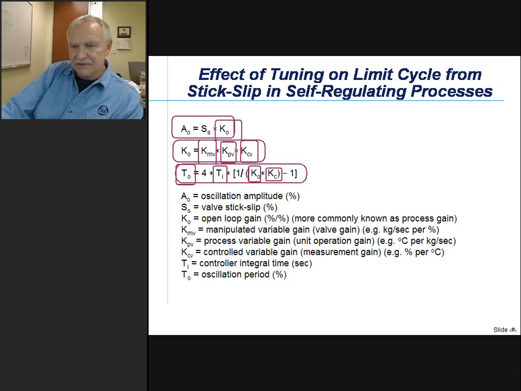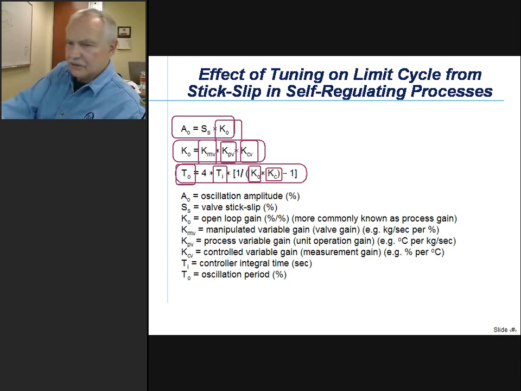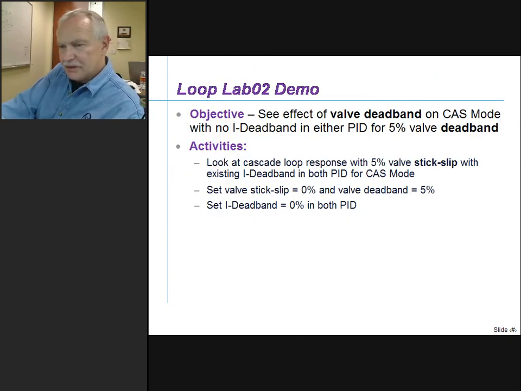So the next objective is to see the effect of valve deadband. We've been looking at stick slip, but now we're going to see the effect of valve deadband in the cascade mode with no I deadband in either PID, and we're going to be putting in 5% valve deadband.